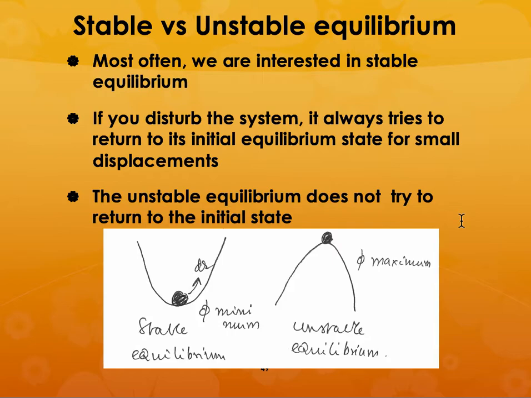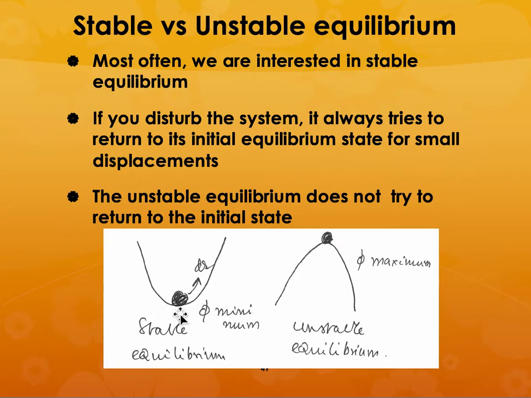So you can have stable versus unstable equilibrium. So suppose you have a trough and you have an atom or electron and you are pushing it up by a certain distance dr. Because of the slope, if you leave it, it is going to come back to normal.